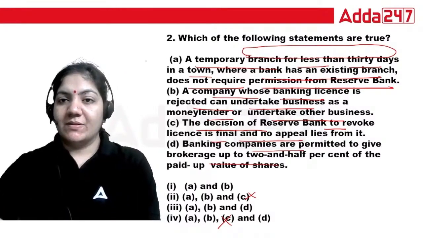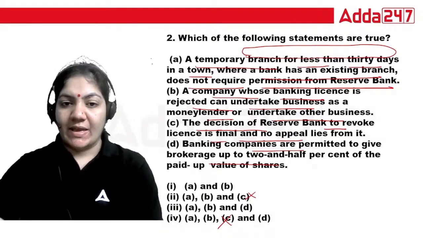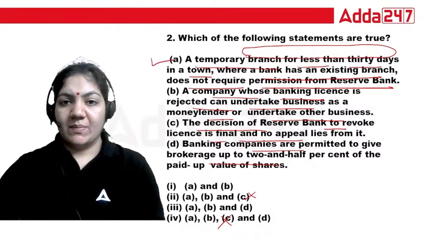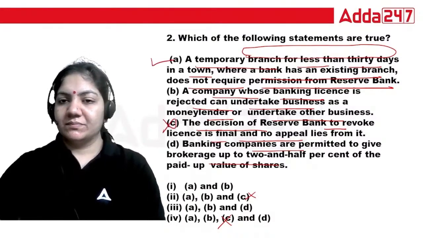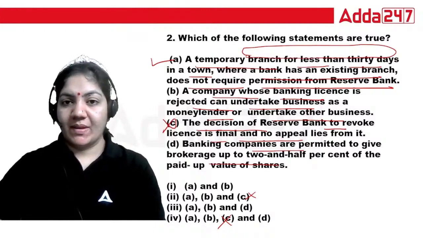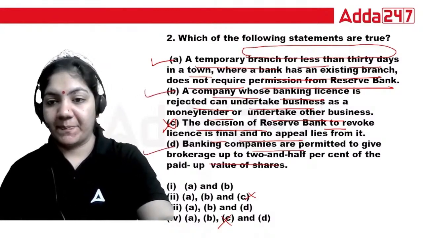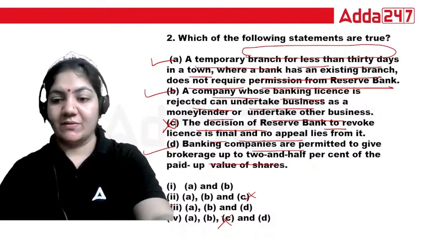The temporary branch for less than 30 days in a town where the bank has an existing branch does not require permission. Yes. A company whose banking license is rejected can undertake business, yes, and the D one is also right. So that's why D is the right answer for this question.